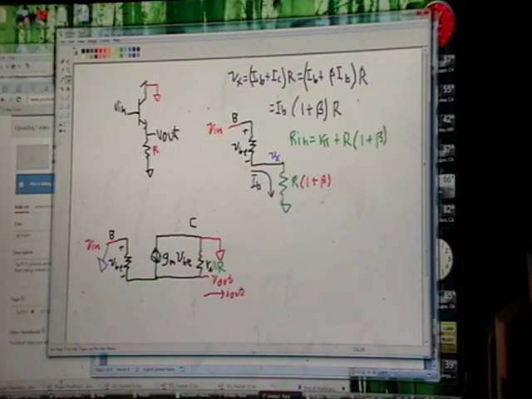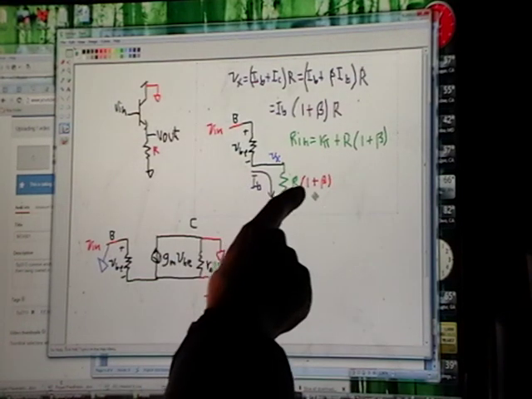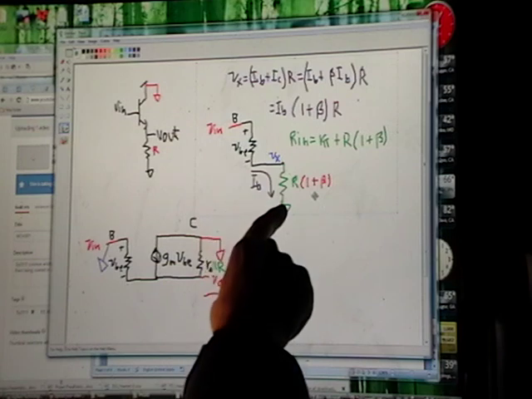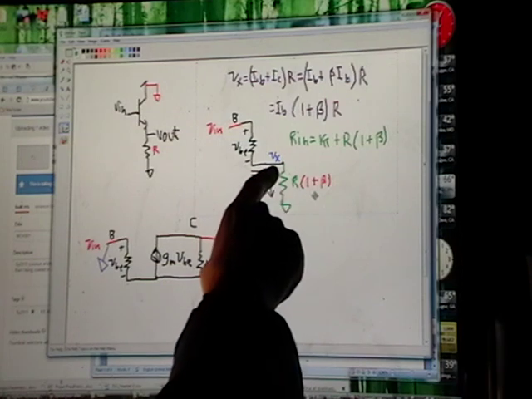And that's your shortcut. Instead of doing the whole circuit analysis, you can say, if I only have IB current through here instead of IB plus IC, and I need this voltage to be the same, I need to make the resistor bigger. By how much? This math tells us that we need to increase this resistor by a multiplier of 1 plus beta. Now if we put IB through this resistor, we get our Vx back.